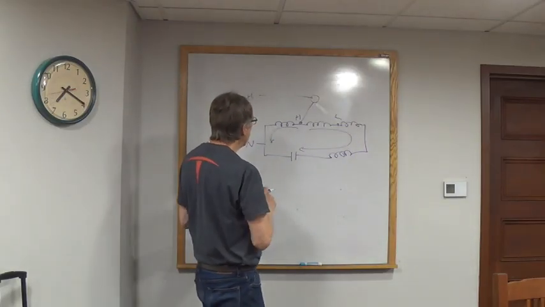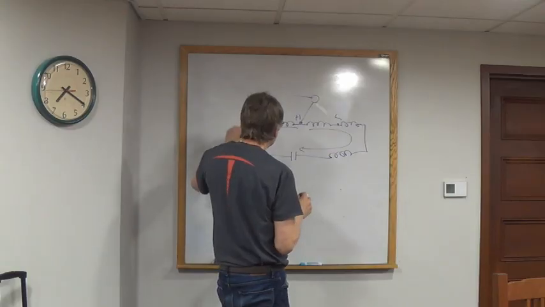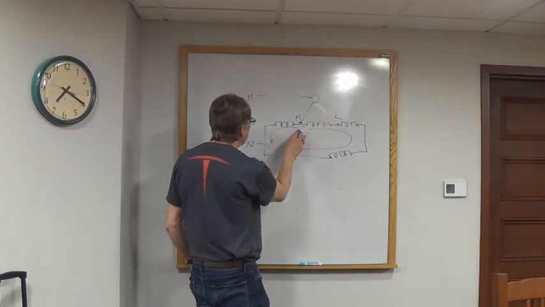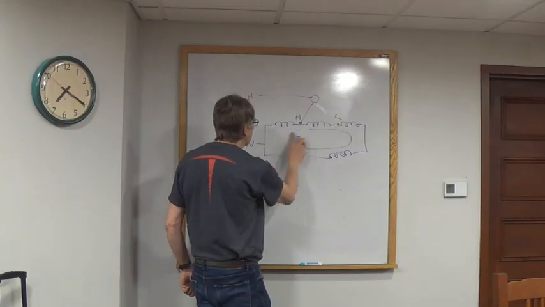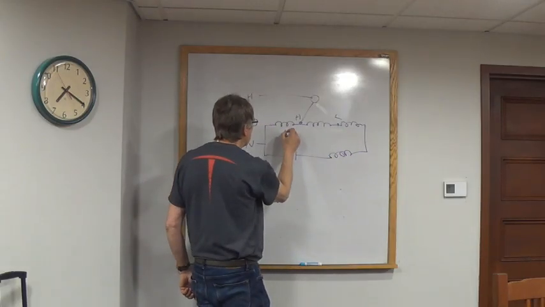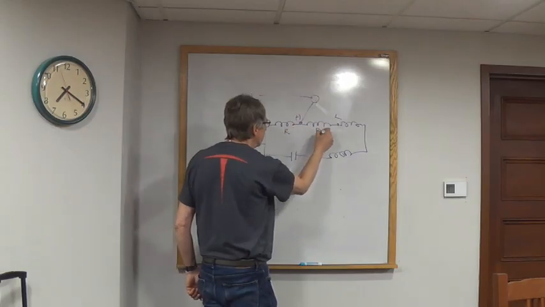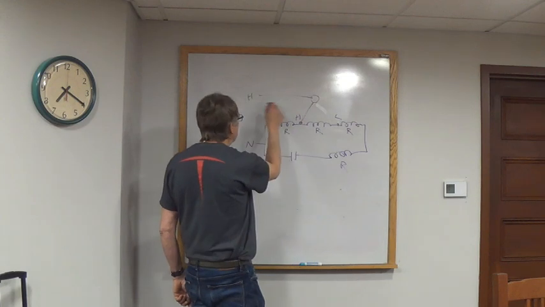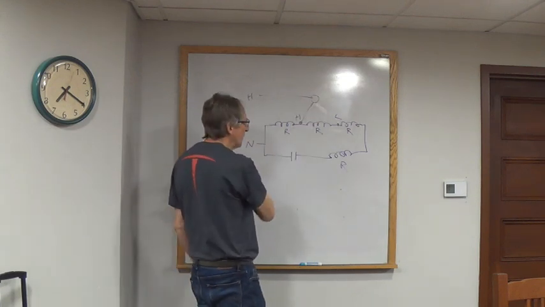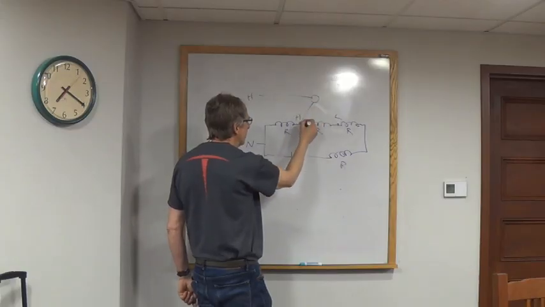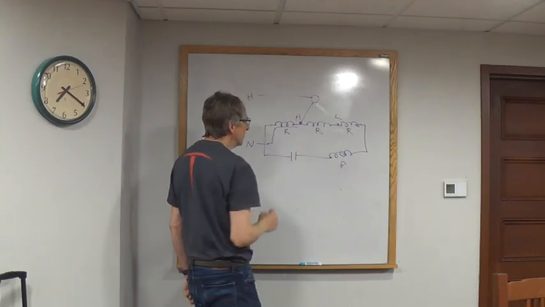Maybe we won't worry about the current at the moment. Each one of these things is a coil, but they also have resistance. When your fan is not plugged in and is set to high, you should measure a certain amount of resistance from hot to neutral.